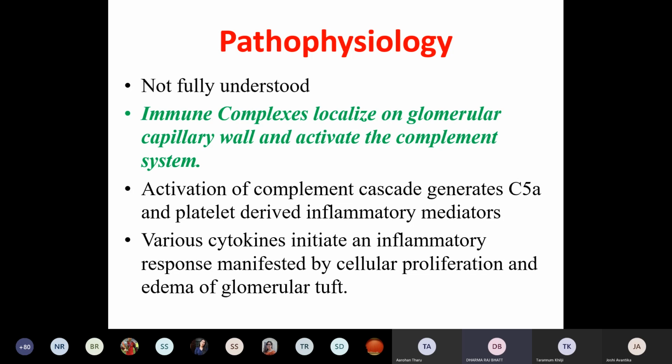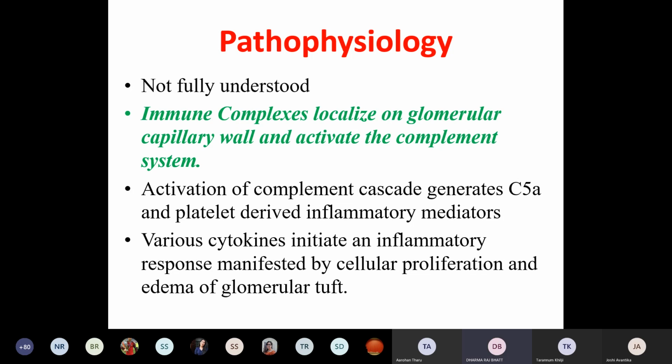Due to the antigenic similarities between nephritogenic strains of group A streptococci and the glomerular membrane, the antibody produced against group A streptococci cross-reacts with the glomerular capillary wall, resulting in formation and deposition of immune complexes.